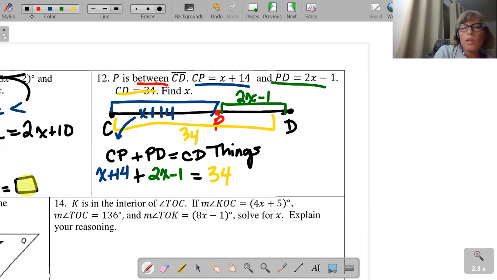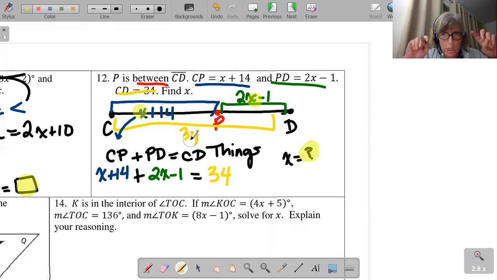Once again, the question only asks for x. I would never do that. Once you solve for x, plug it back in, and you'll see that everything should fit together.